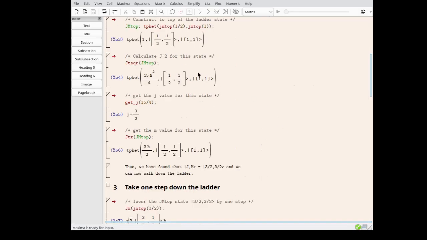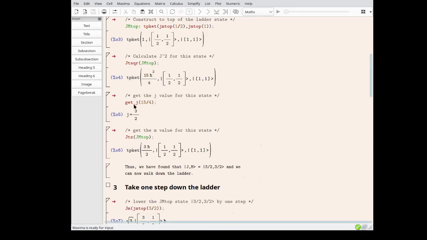Now we want to calculate the total J squared for this top state. When we calculate J squared for this JM top ket, the tensor product ket, we end up with a common factor that's 15/4 times h bar squared. And we can calculate the J. This must be equal to J times J plus 1.